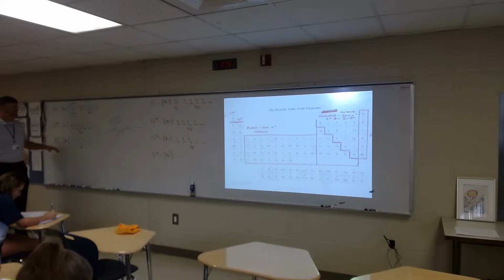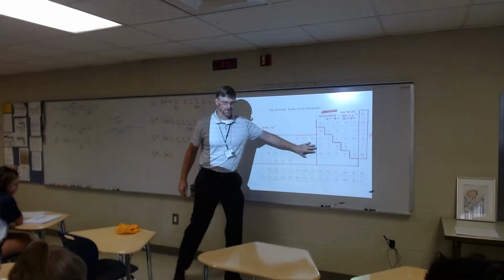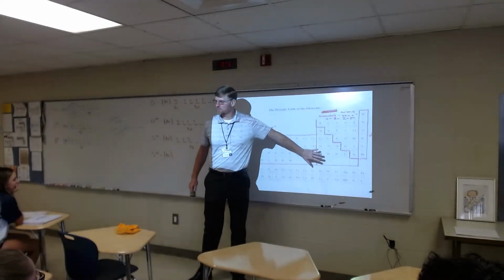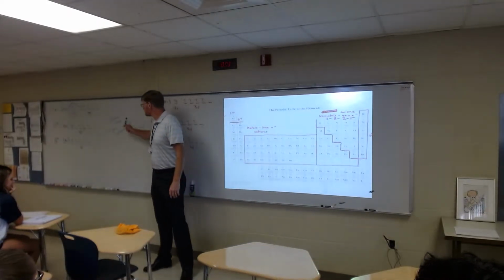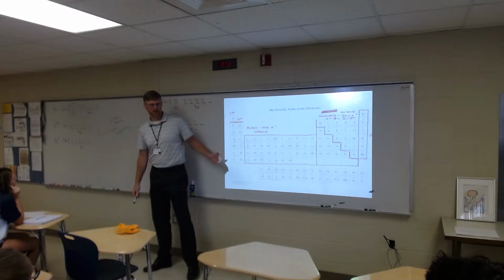So for these elements in here, a sort of noble gas configuration is stable. They can be sort of like a noble gas. They don't have to be completely like one.